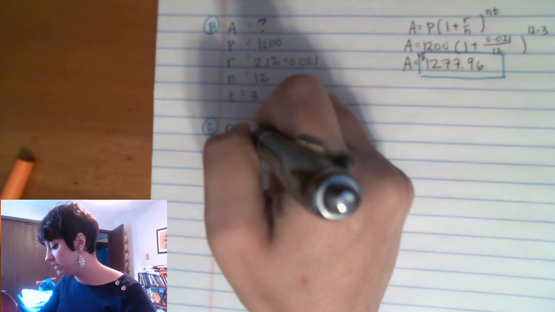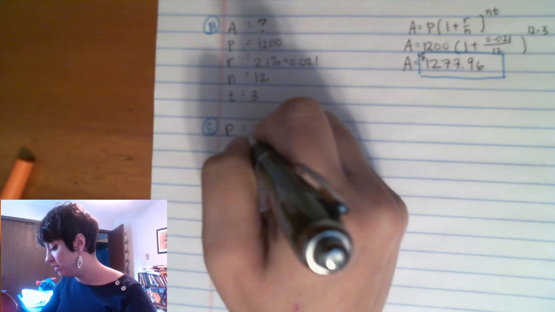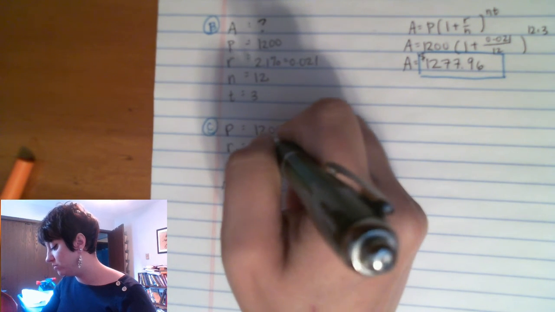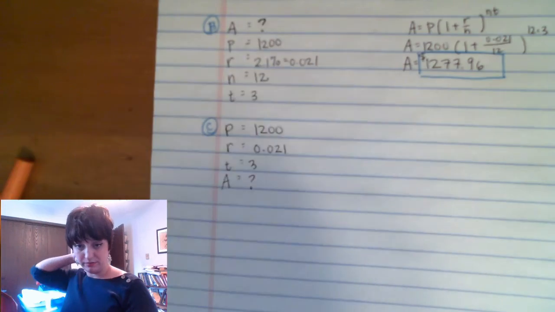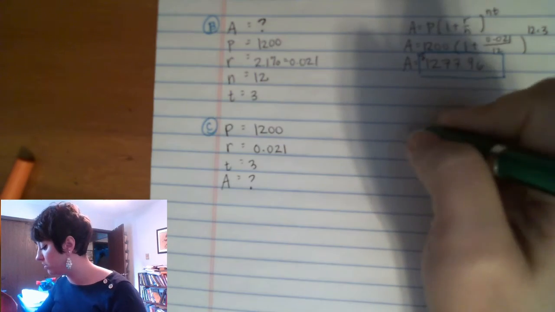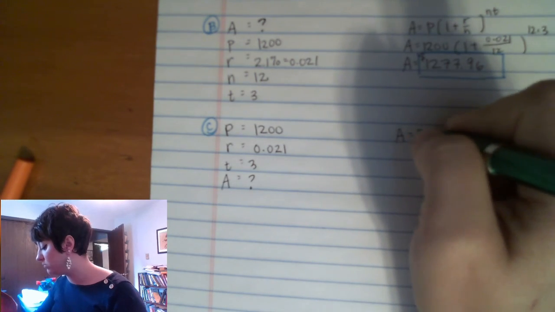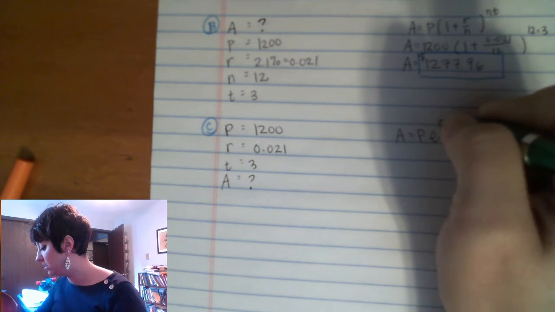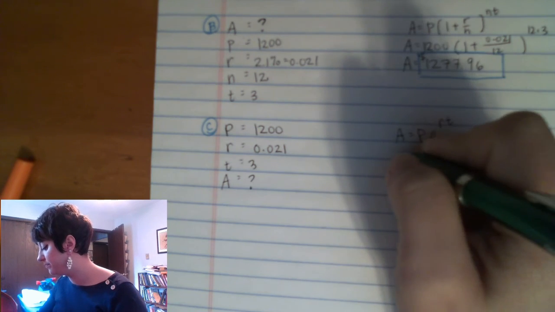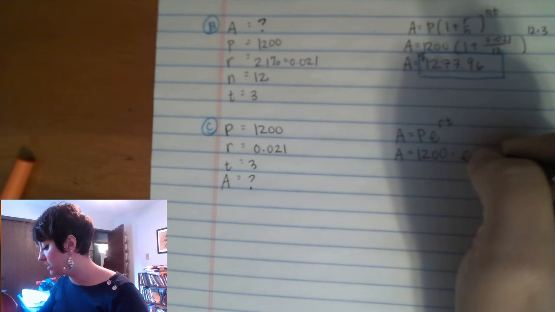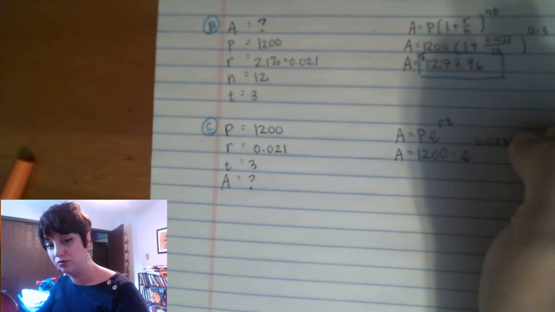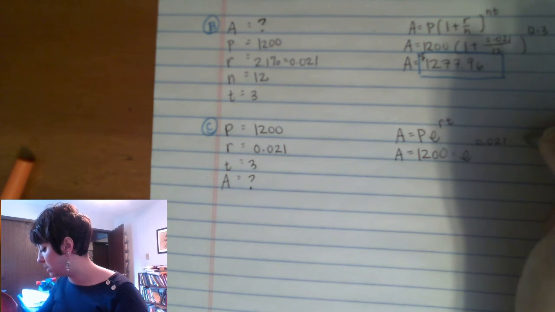The principal is still that 1,200. The rate is still 0.021. The time is still T. The amount is still the thing that we're looking for. So I want A equals P e to the RT. So 1,200 times e to the 0.021 times 3.